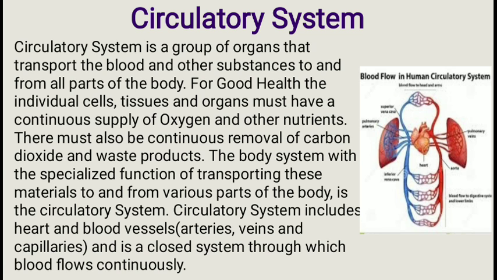The circulatory system includes the heart and the blood vessels: arteries, veins and capillaries. It is a closed system through which the blood flows continuously. You will not find a stoppage of the blood, or of the heart, veins, arteries or capillaries, so it works continuously, and that is why it is considered a closed system.